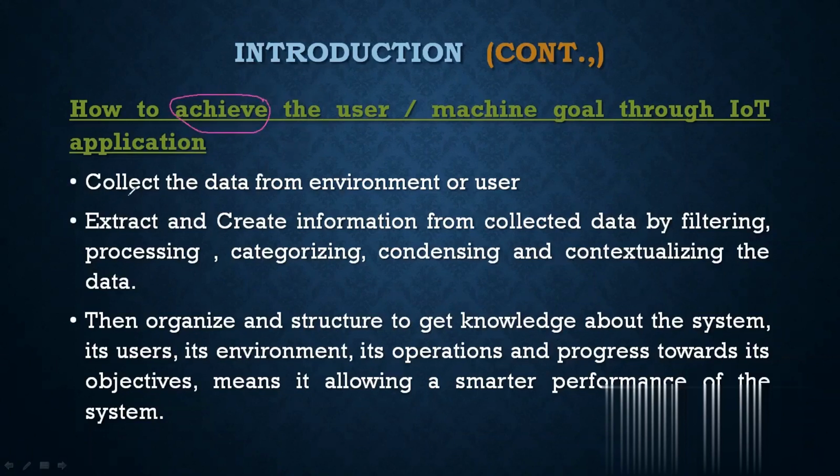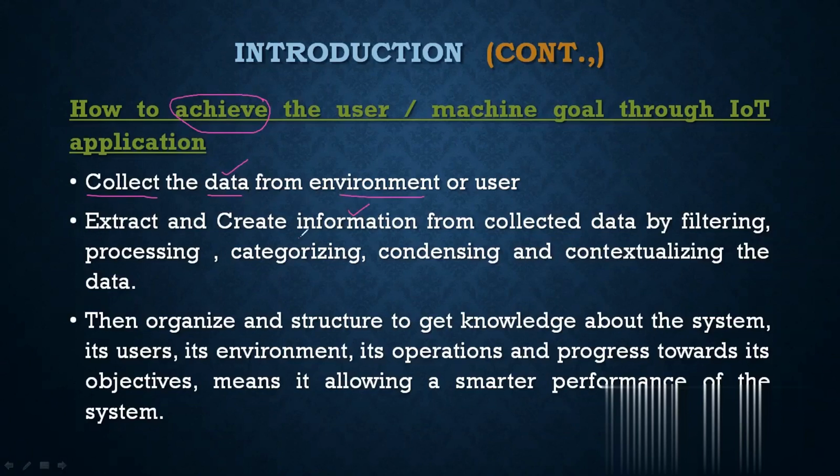In the first step, we have to collect the data from the environment or the user by using sensors or other things. After collecting the data, you have to extract it to create information. And here, what is data and what is information? Data itself doesn't have any meaning. That is the raw one.